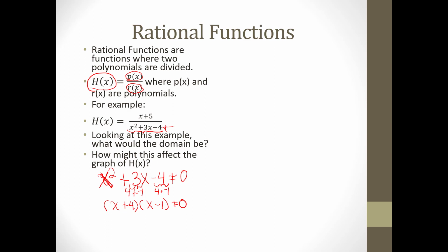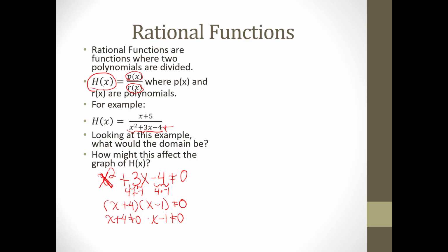Now, since we have this factored, we can use the zero product property, where if you multiply two things and get 0, one or the other has to be 0. So in this case, because it's a rational expression, we do not want x plus 4 to be 0, or x minus 1 to be 0, to get a 0 in the denominator of our expression.